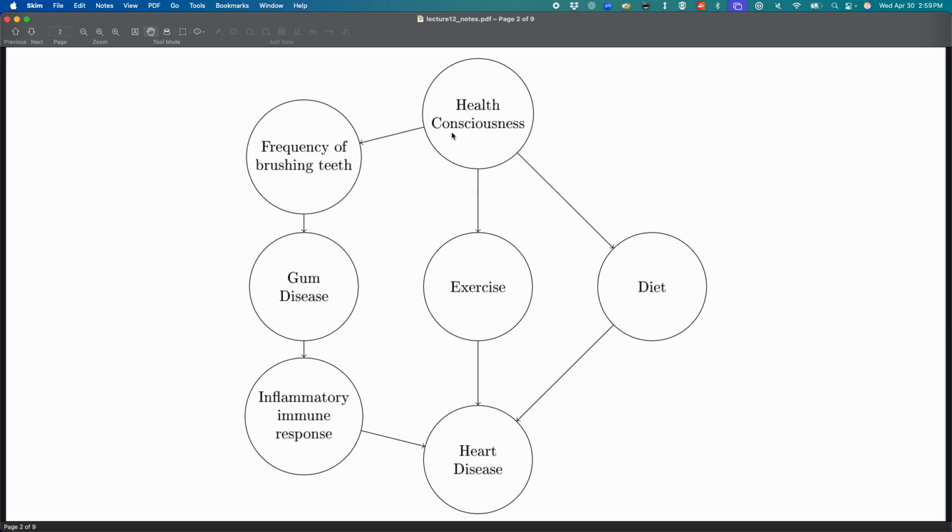Health consciousness is the example of the latent variable that you didn't control for. There are plausible explanations for how health consciousness leads to other things that contribute to heart disease, and without controlling for them in some way, you may misattribute things that you're measuring here as causing heart disease that should be attributed to other factors that you didn't control for.